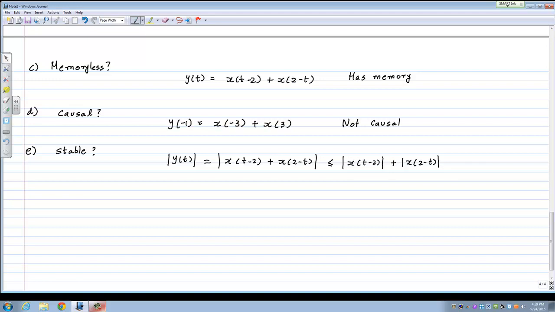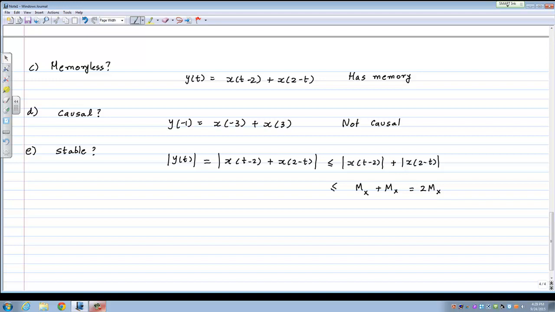When x is bounded, we know that each one of these is less than a bound, which we typically denote by M sub X. So the first term is less than M sub X, and the second term is also less than M sub X. So clearly the magnitude of y of t is less than or equal to 2 times M sub X. So clearly y of t is bounded.